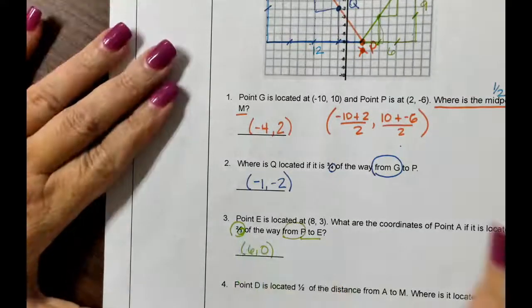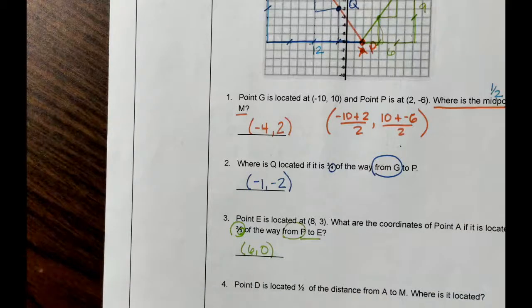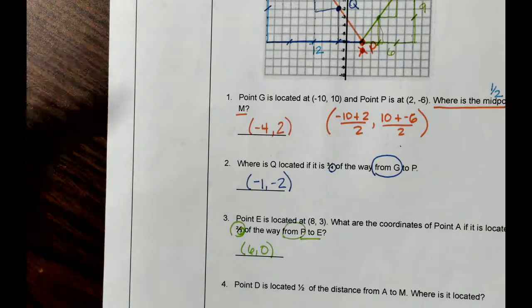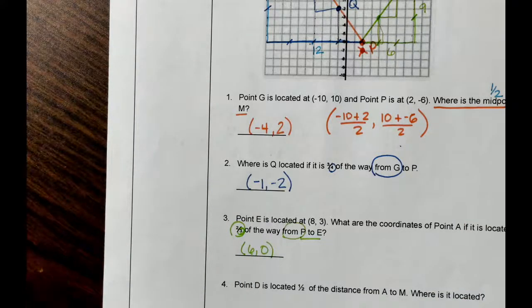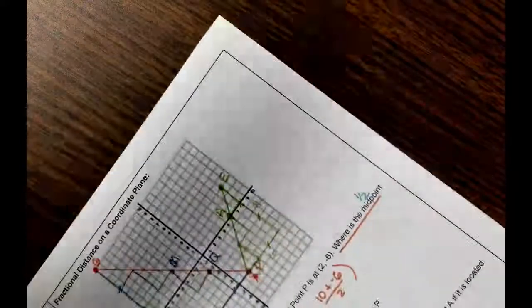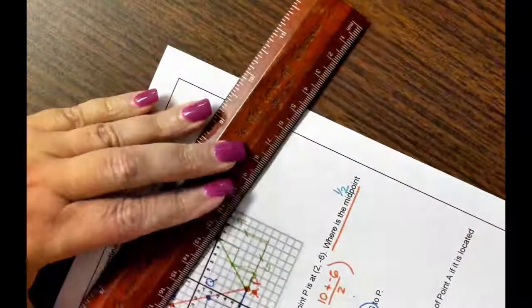Then it says point D is located half of the distance from A to M. Half of the distance from A to M. So let's look. We know how to do midpoint, but let me remind you how to do this on a grid.